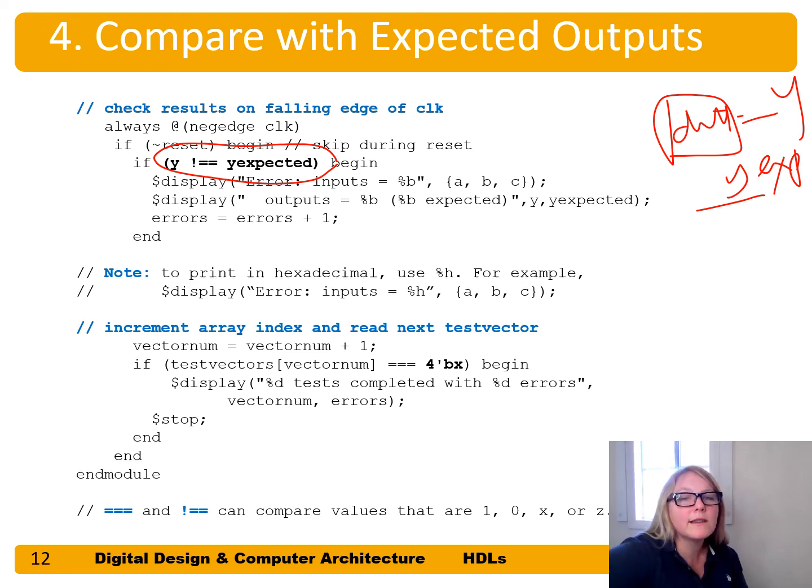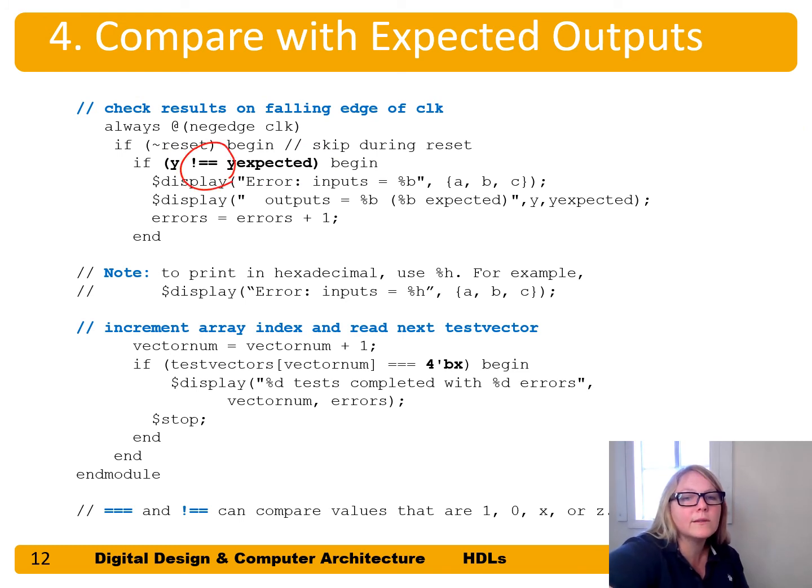If it's not equal to that, so we have this not equals equals, y is not what we expected, then we display, hey, we had an error, and this was the input combination that we had, A, B, and C, and this is the output we got, and this is the output we expected. So this is in the order of the arguments.